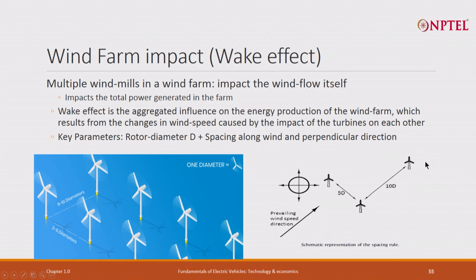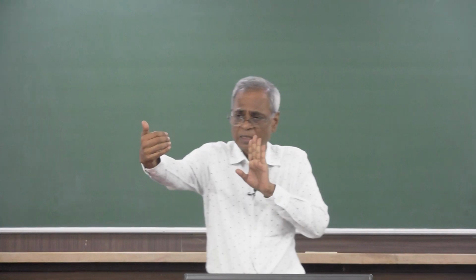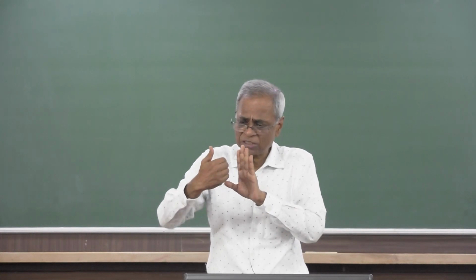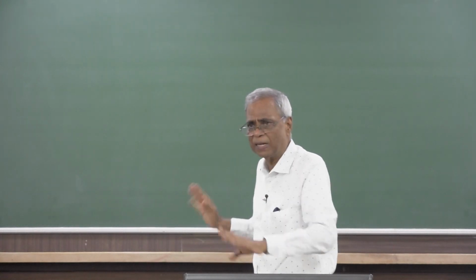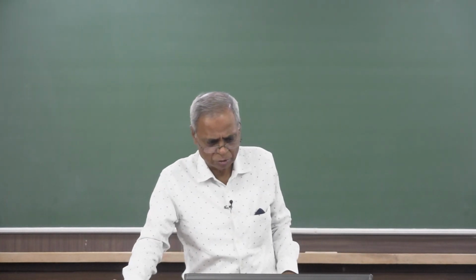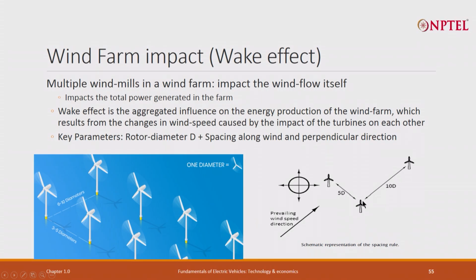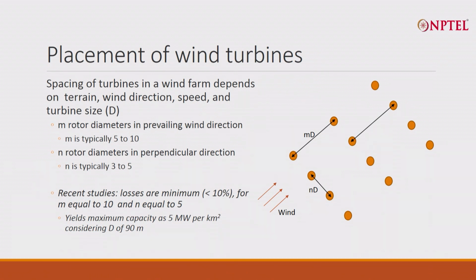If there is one windmill and another windmill, and this is the direction of the wind, in the direction of the wind they should be separated by some n into d, and perpendicular to this by m into d. Here I have taken 5 and 10 as example. There is a lot of study done here. This is m d and n d, this is the direction of the wind.